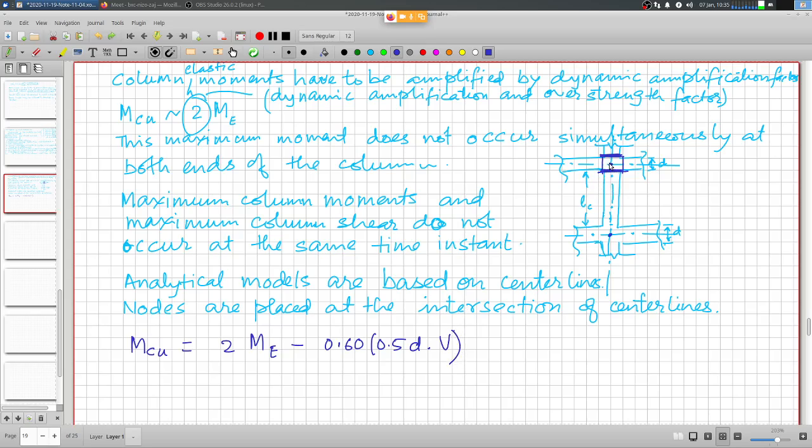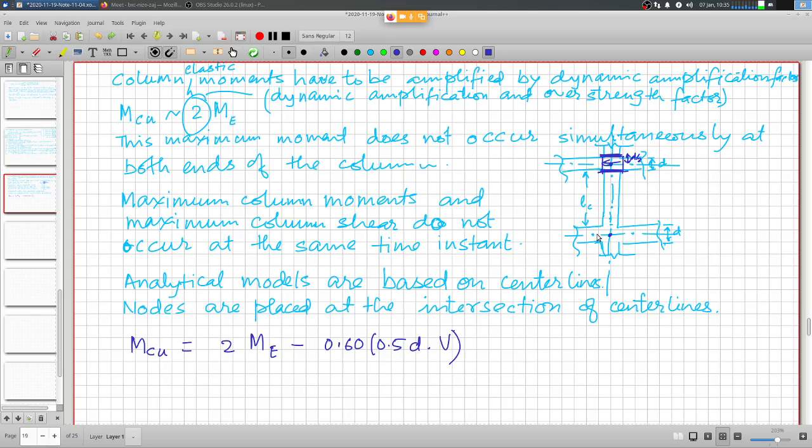So these are the shear forces. The depth of the beam is D, so this is D by 2, so that's 0.5 times D. This is the moment that needs to be taken off from the maximum moment capacity that we have estimated at these nodal points, that is, the intersection at the center line model.